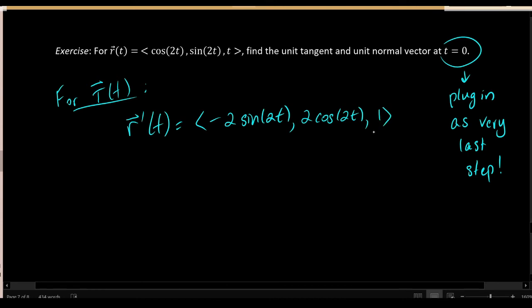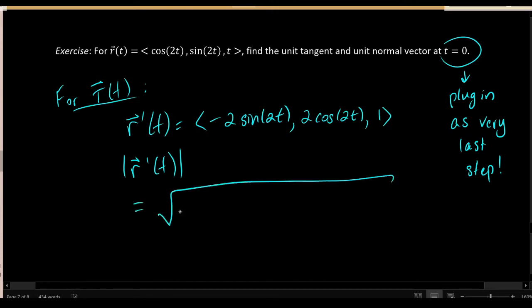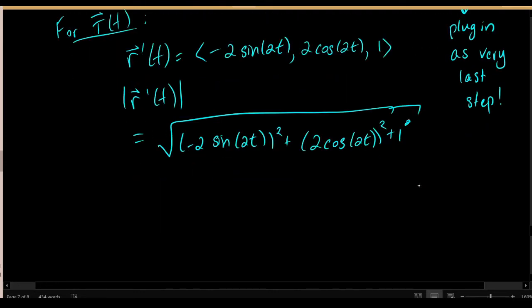In order to make this a unit vector, I need to find the speed at any given time. So I'm going to take the square root of the x component squared, the y component squared, and the z component squared, and I'm going to work on simplifying that.